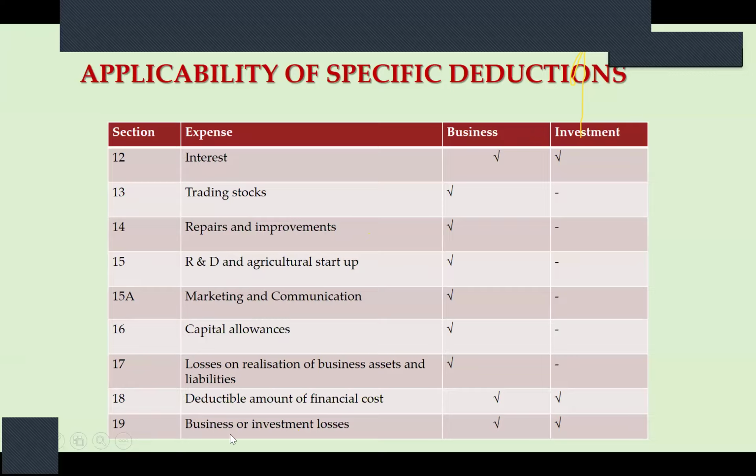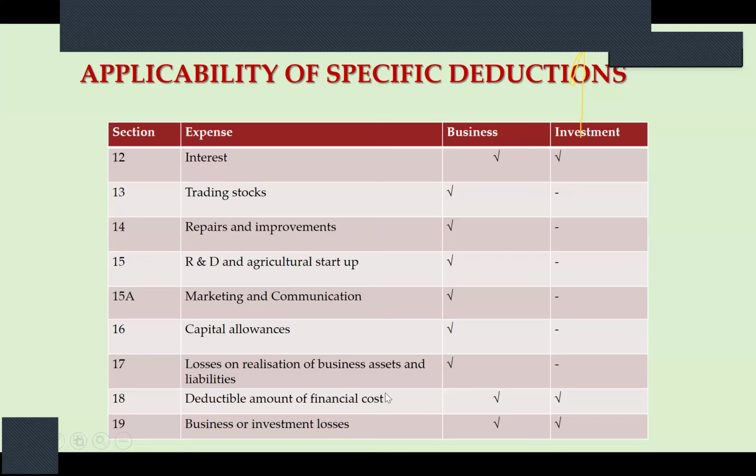Then section 19 is for the business and investment losses. That is applicable both to business and investment. Financial cost is also for the business and investment. So when we are calculating business income source, we can deduct this kind of expenses subject to some limitations, some specifications provided under these provisions.